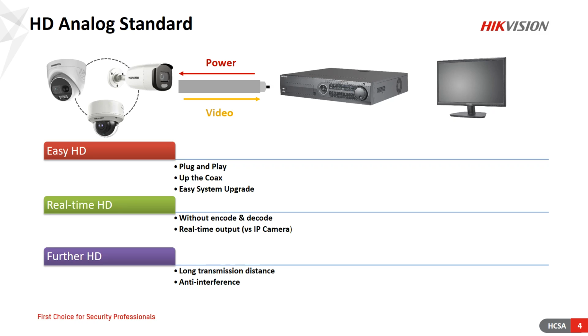As you can see on the slide, this is a very small analog system. These are the analog cameras. They are going to transmit the data, the video, to the backend product, that is the DVR.